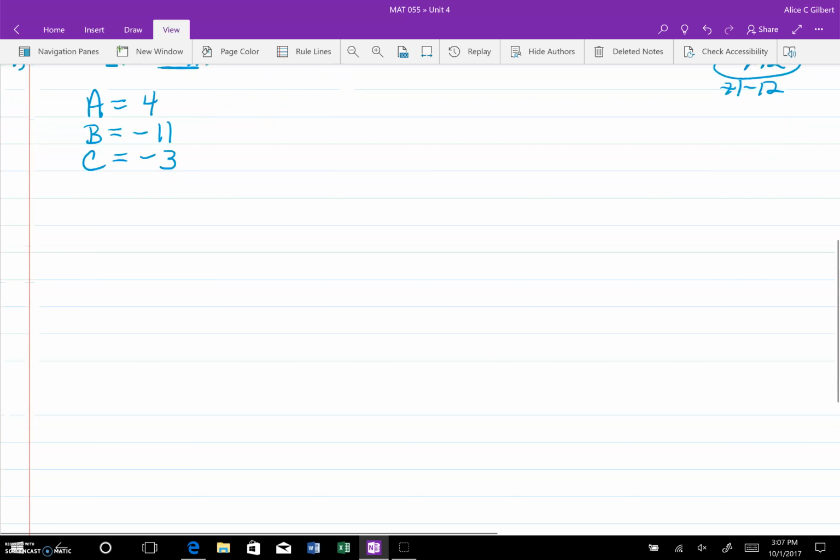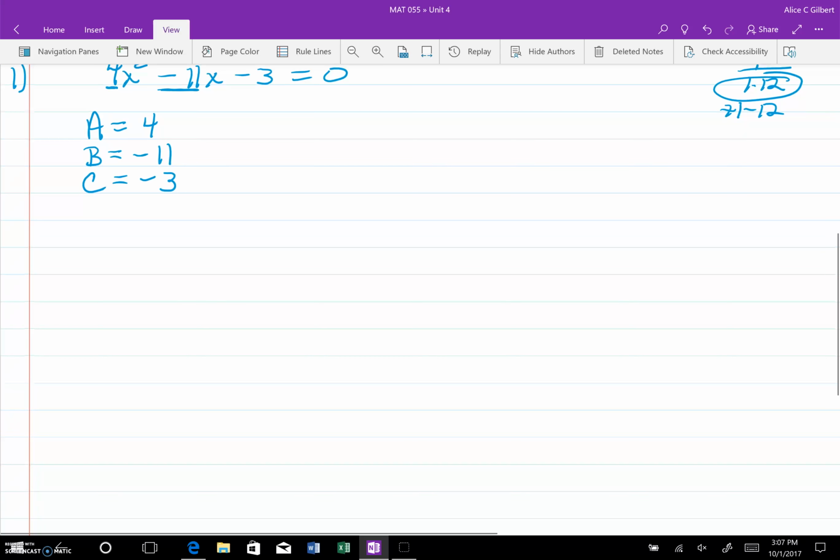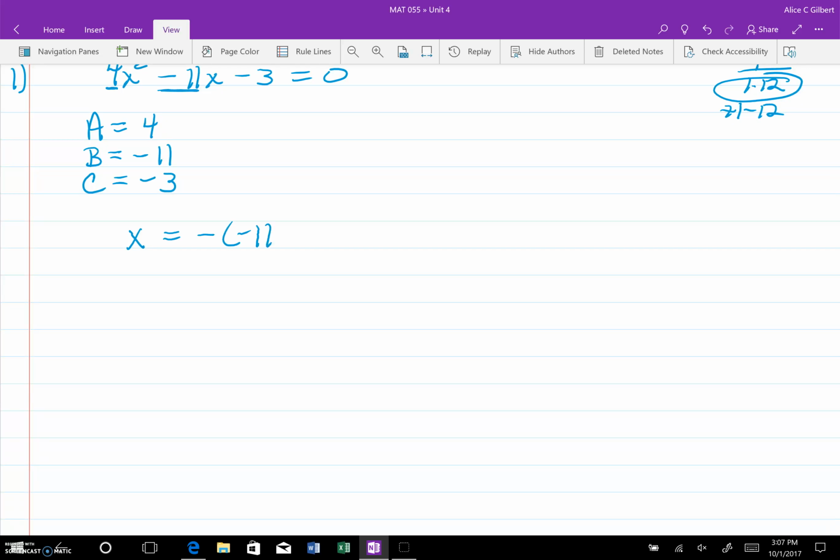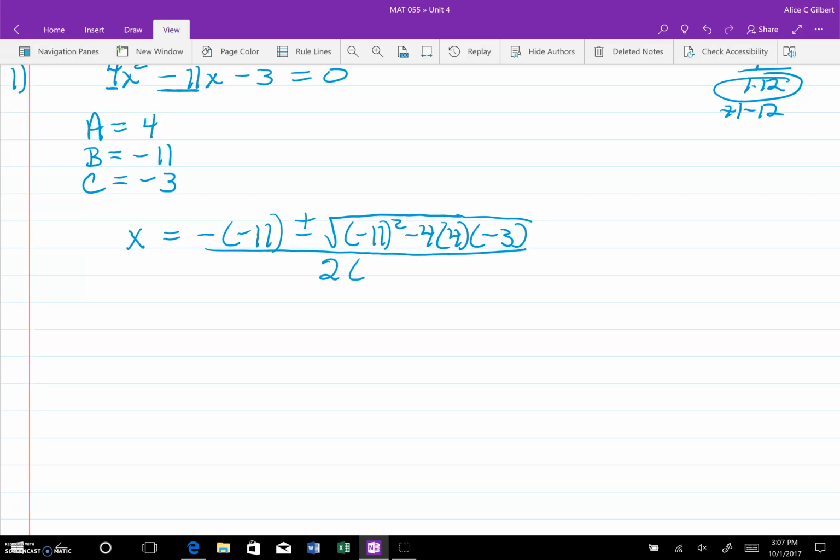Now all I do is take 4, negative 11, and negative 3 and put it into the quadratic formula, which is negative b plus or minus the square root of b squared minus 4 times a times c all over 2a.